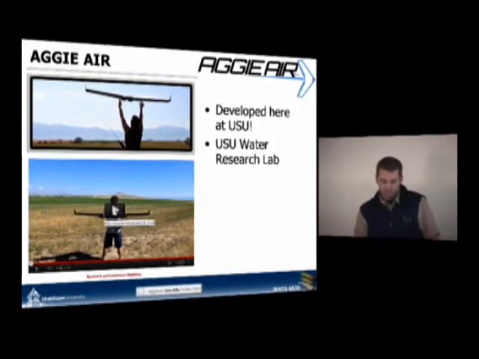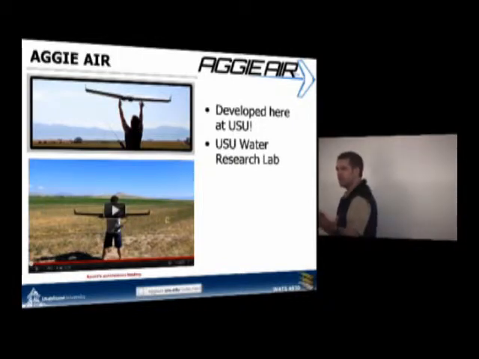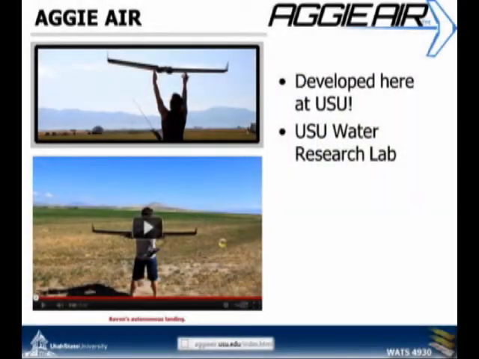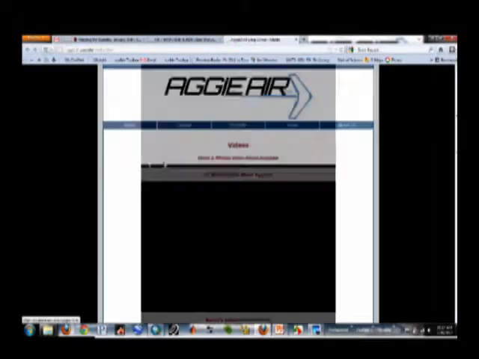They've got 2 cameras so that they can get both RGB, which means what? Red, green, blue, so standard imagery, as well as near infrared. I'll show you how this thing takes off, and you can go to aggieair.usu.edu and check out some of this other stuff.